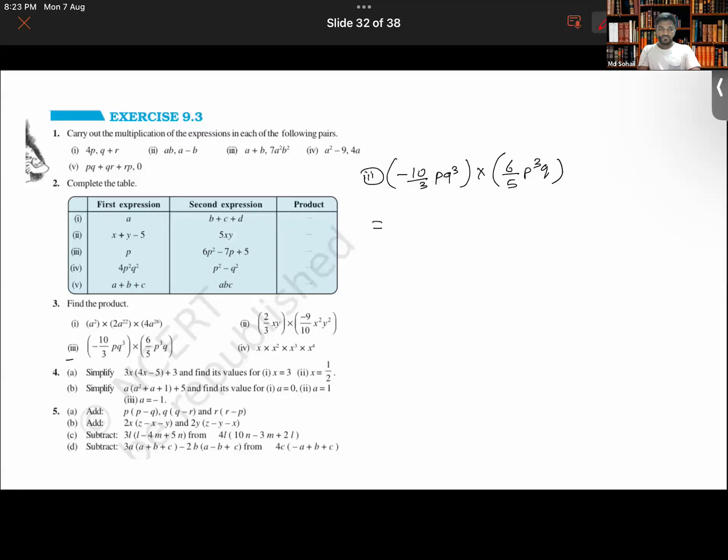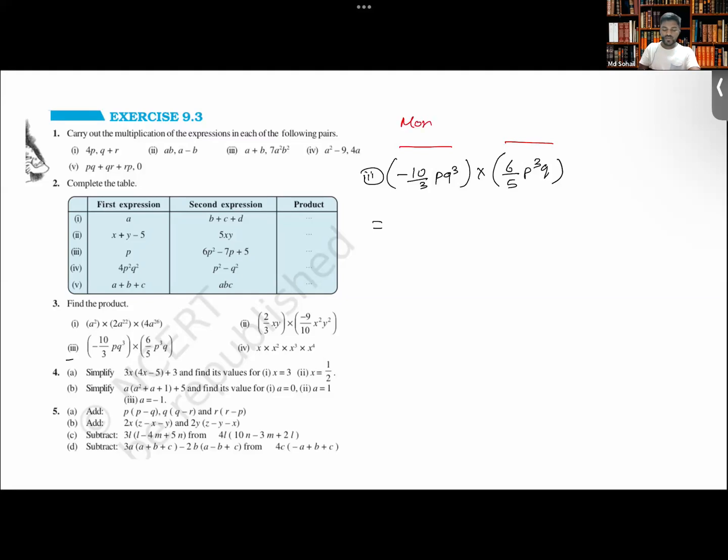Sir, we need to simplify it, right? Yes, if it can be simplified, we will simplify it. Basically, both of them are monomials, so we are multiplying a monomial with another monomial.